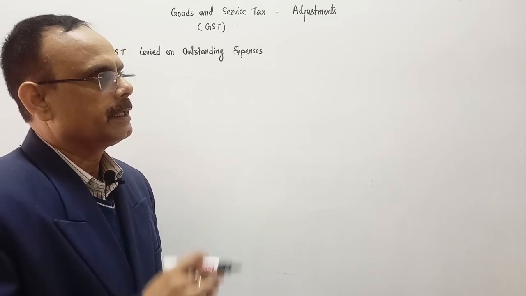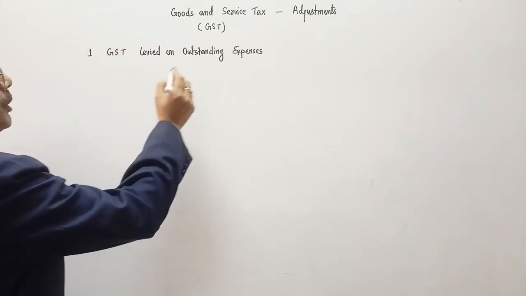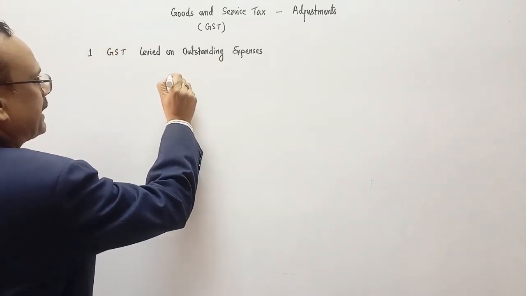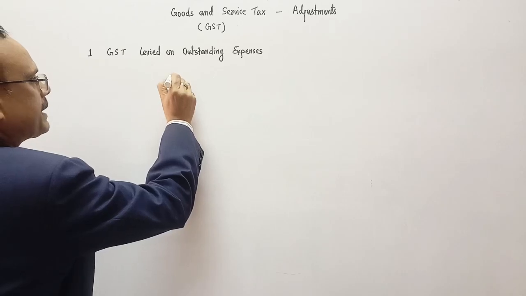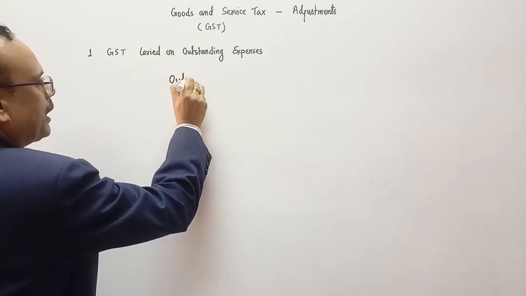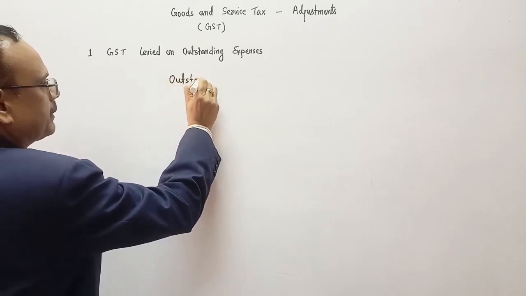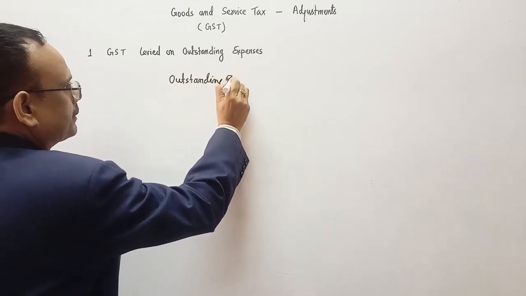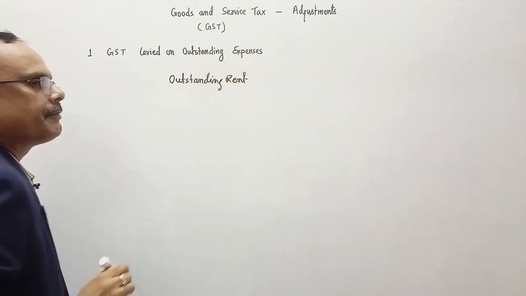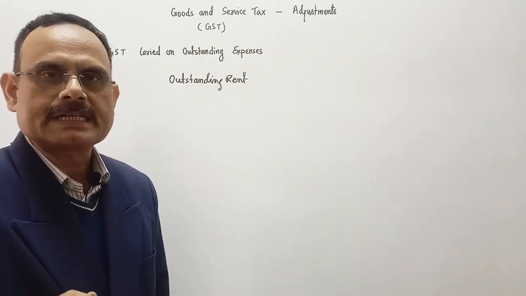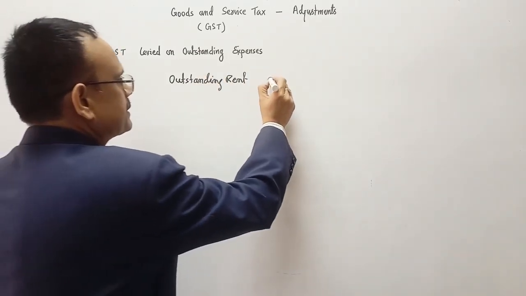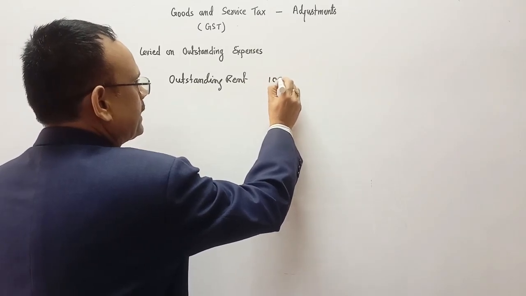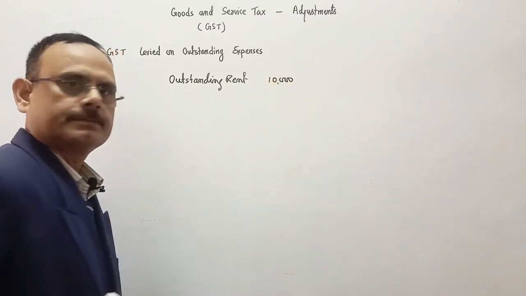Suppose one of the outstanding expenses is rent. Outstanding rent is 10,000.